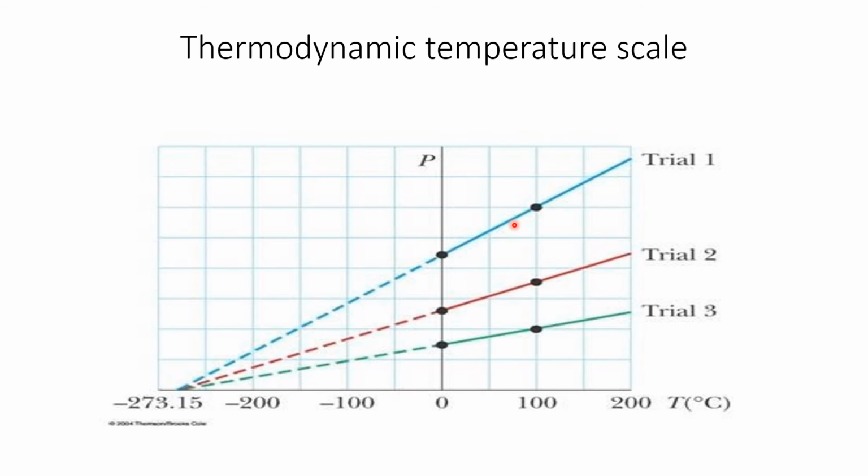Then we can extend this line until it intersects the zero pressure line. At this point we will find the temperature as minus 273.15 degrees centigrade. The pressure of the gas here will become 0.